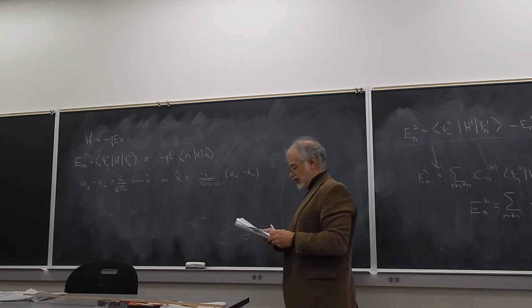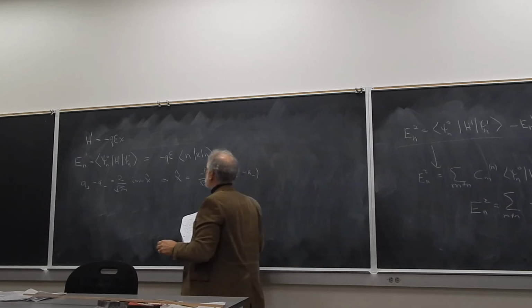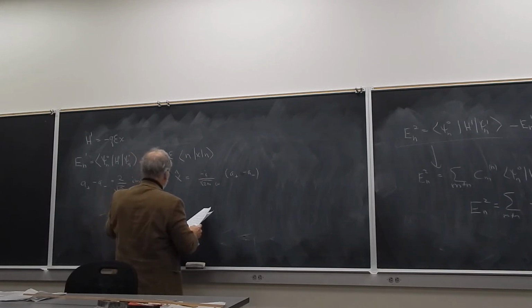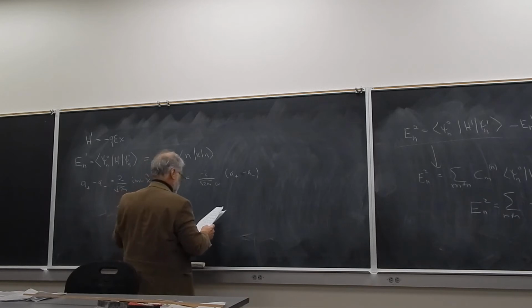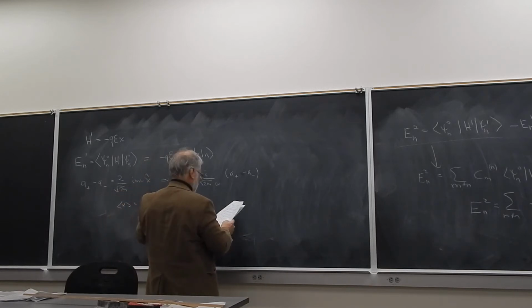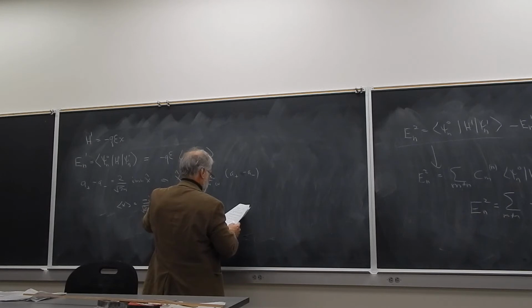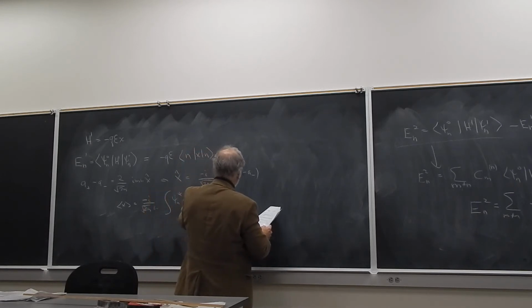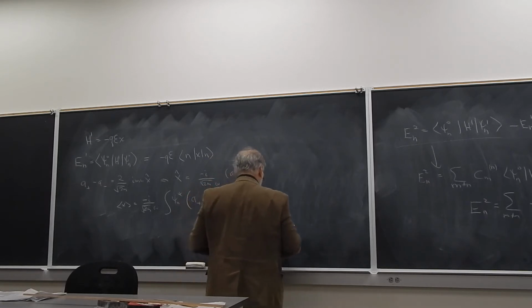Raising and lowering operator. That means that x is equal to minus i over the square root of 2m omega times the integral psi n star, a plus minus a minus, psi n dx.